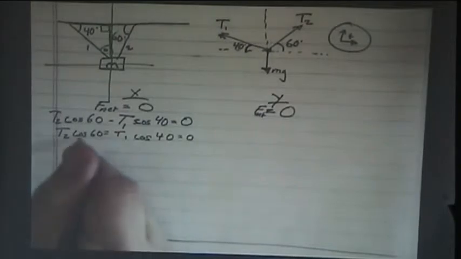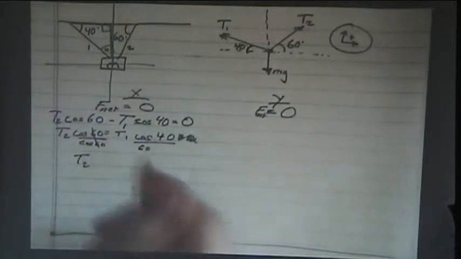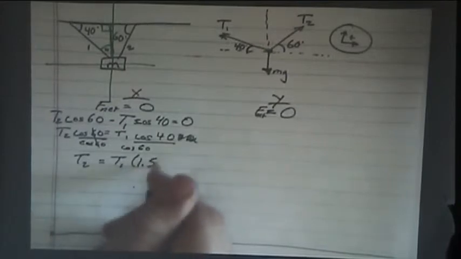And so I'm going to divide both sides by the cosine of 60. That's a mistake. And we'll see that T2, by the time you run this through the calculator, is going to equal T1 times 1.53.